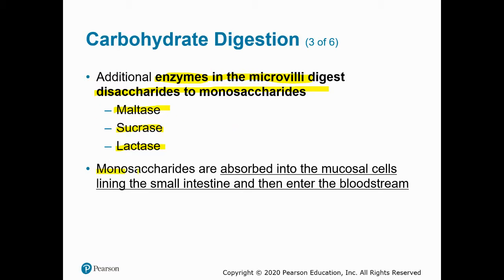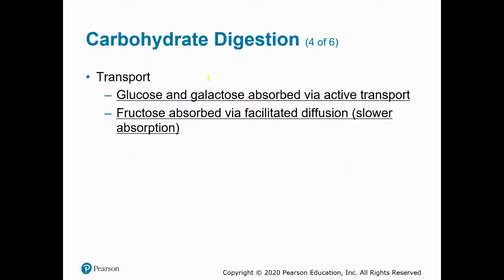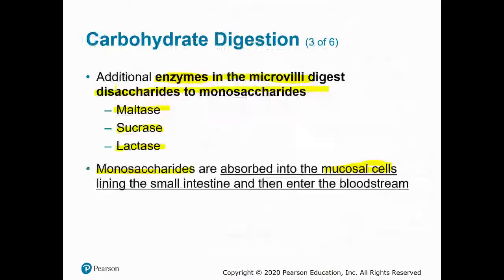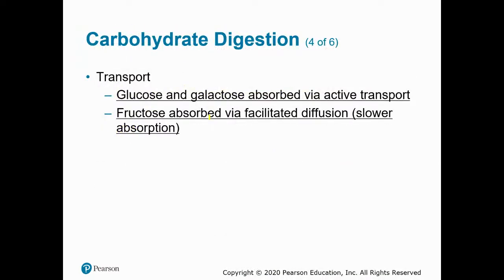And then those individual monosaccharides will get absorbed into the mucosal cell or the enterocyte that lines the small intestine, and then enter the bloodstream. So we also said transportation. This is still really absorption, but transportation across the cell membrane.